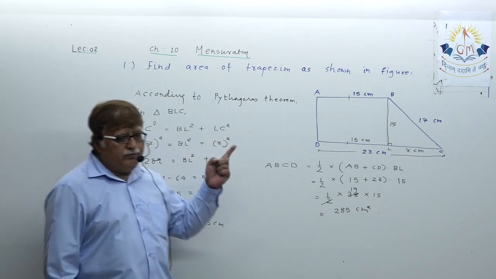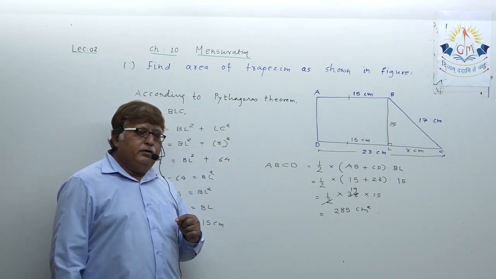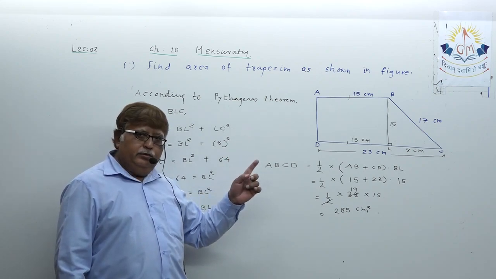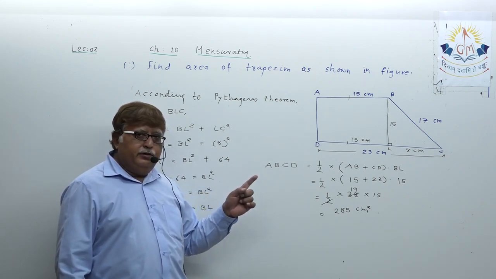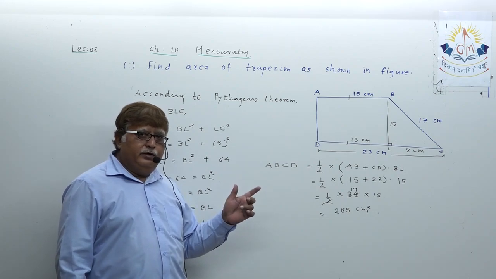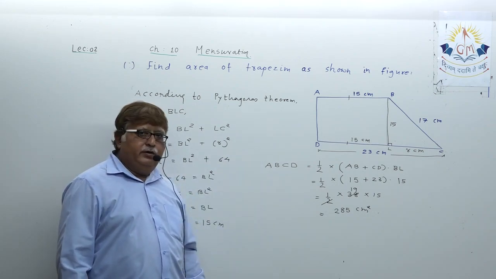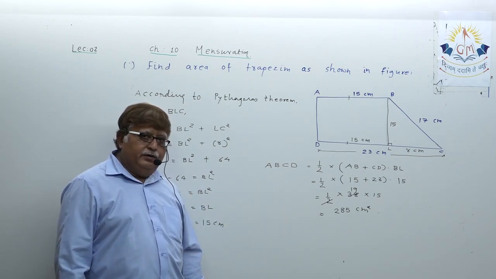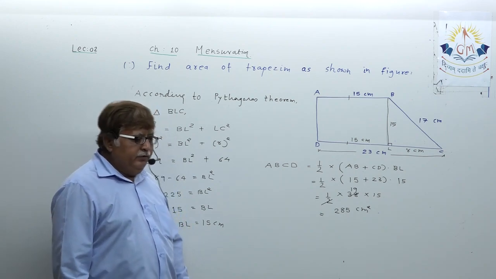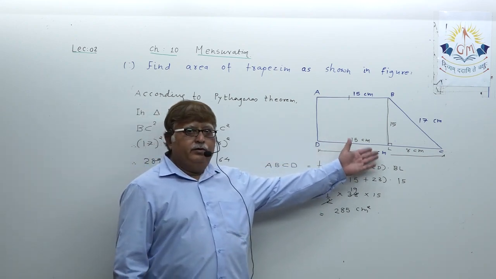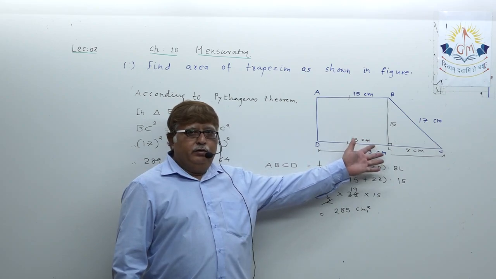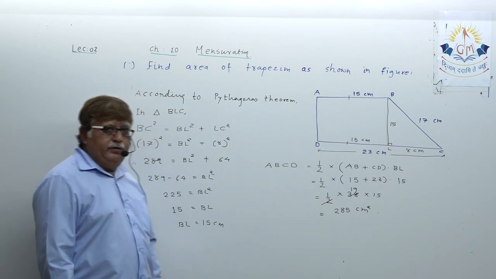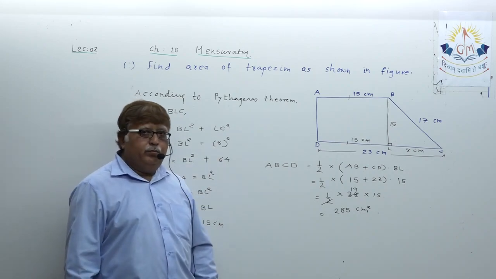Here also, dear student, conceptually you are moving similarly. Here also you are targeting altitude, but in a little different way, because just by drawing an altitude you already get a right angle triangle, and once you get the right angle triangle you can apply Pythagoras principle and find this altitude, that is the distance between the two parallel sides.